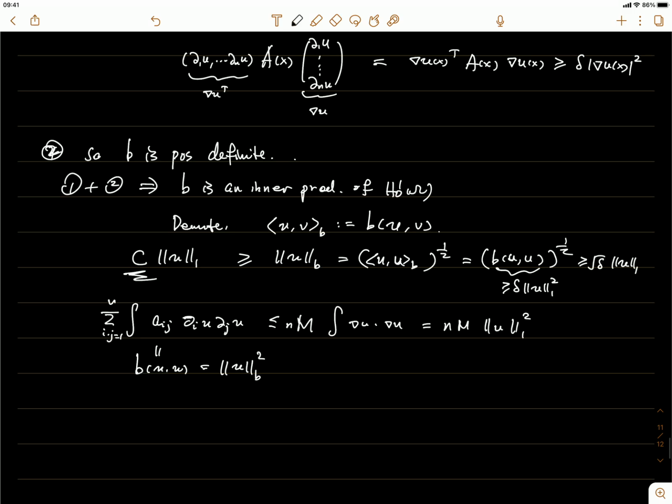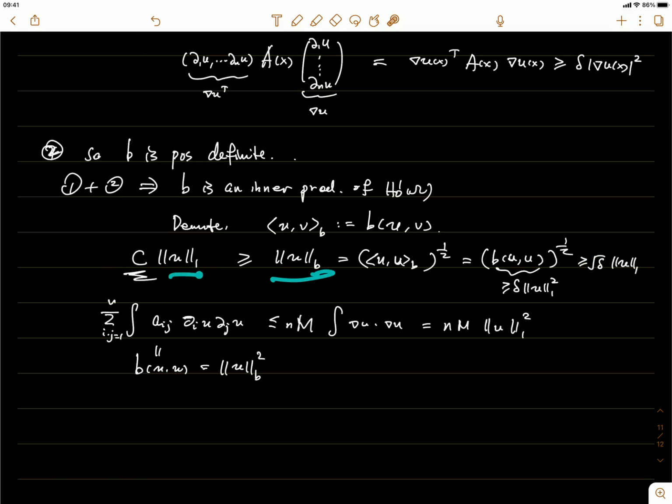Okay, so what we have done so far is that this B norm is bounded below by some constant times the 1 norm of u, and also bounded above by some constant times the 1 norm of u. So that means these two norms are equivalent.